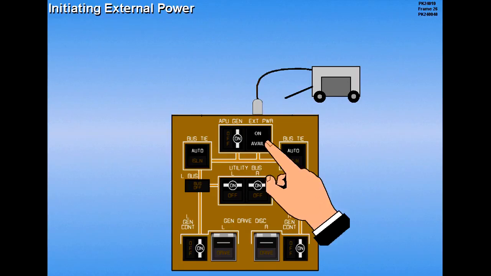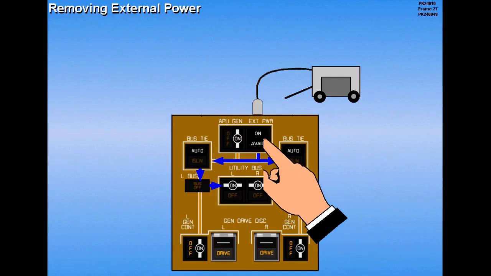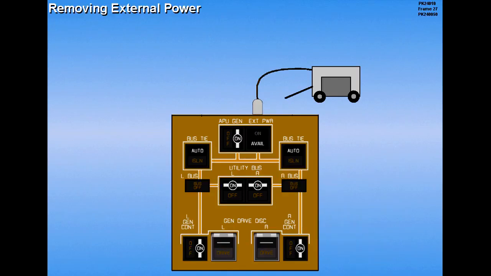Pressing the external power switch to on connects external power to the electrical systems, utilizing the bus tie system. Pressing the switch again removes external power from the electrical systems.